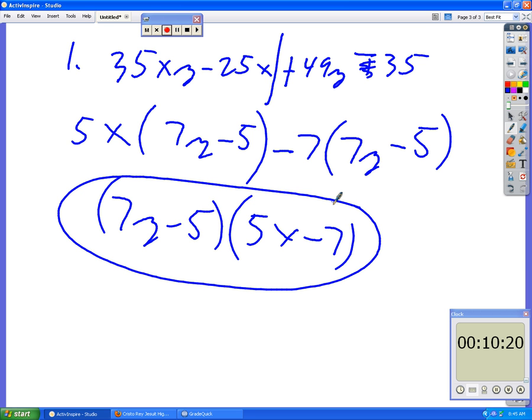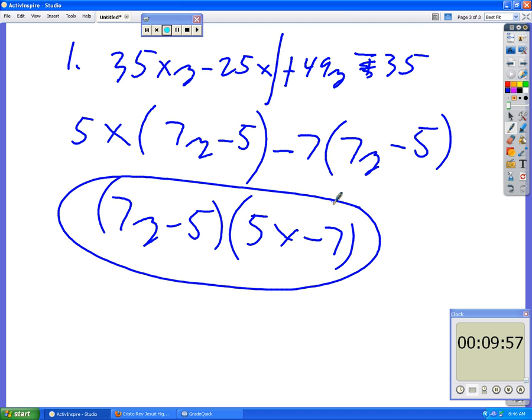Because we're factoring. Somebody mentioned FOIL. If I FOILed this, what would happen? I would get this. So you can check it by using FOIL. What's 7y times 5x? 35xy. What's 7y times a negative 7?